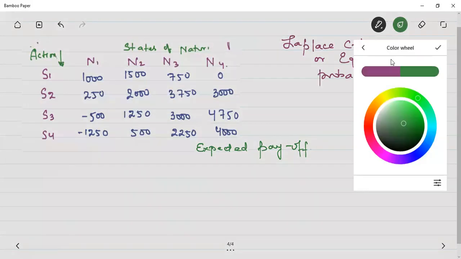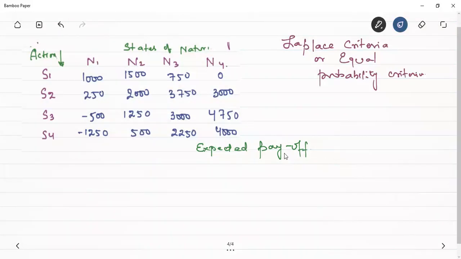So for the first course of action, or for the first strategy, the expected payoff will be the average, that is 1000 plus 1500 plus 750 plus 0 divided by 4, and that will be equal to rupees 812.5.